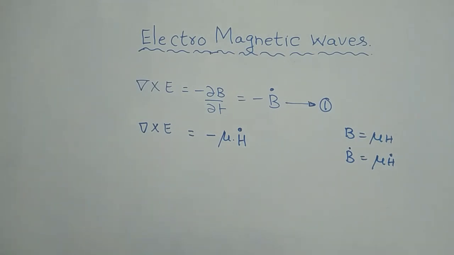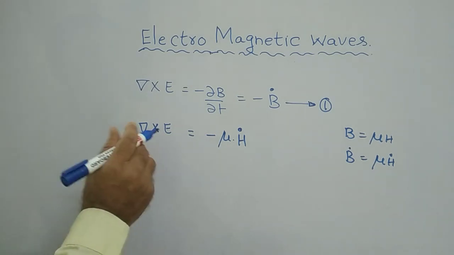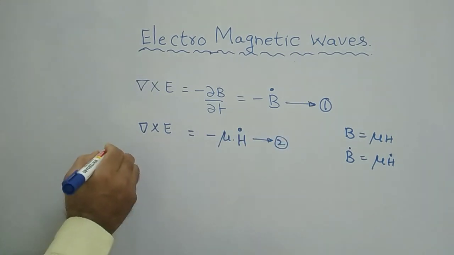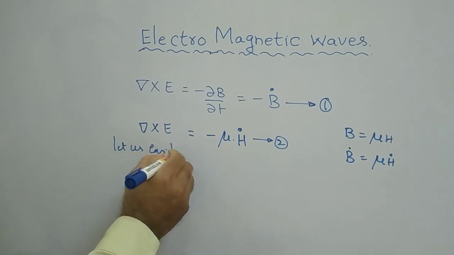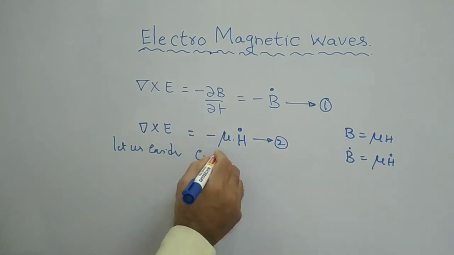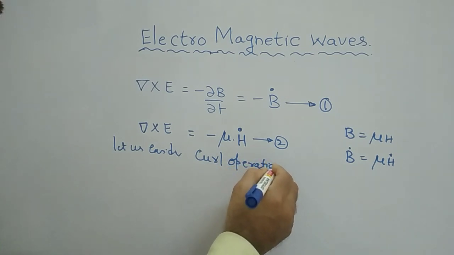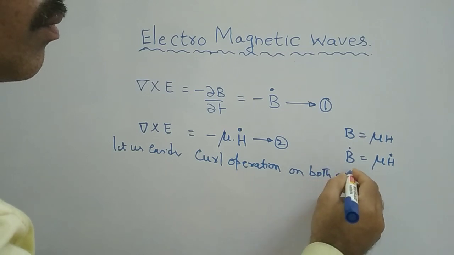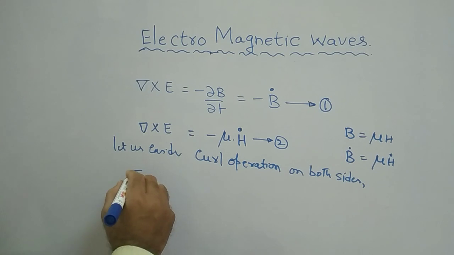Next, we take the curl operation on both sides. Let this be the second equation. Curl operation means del cross.